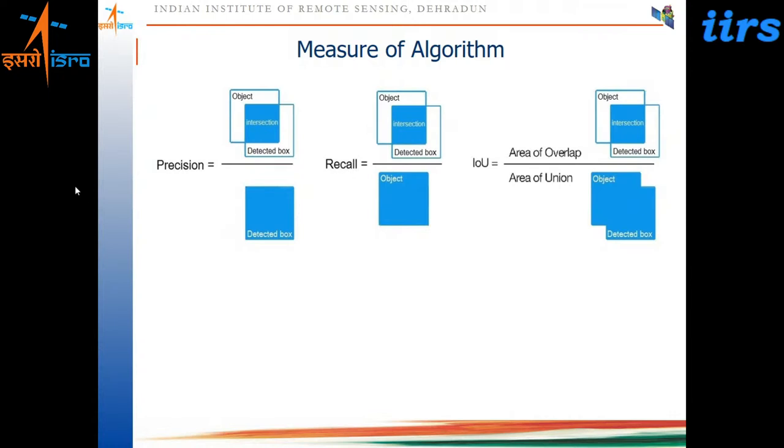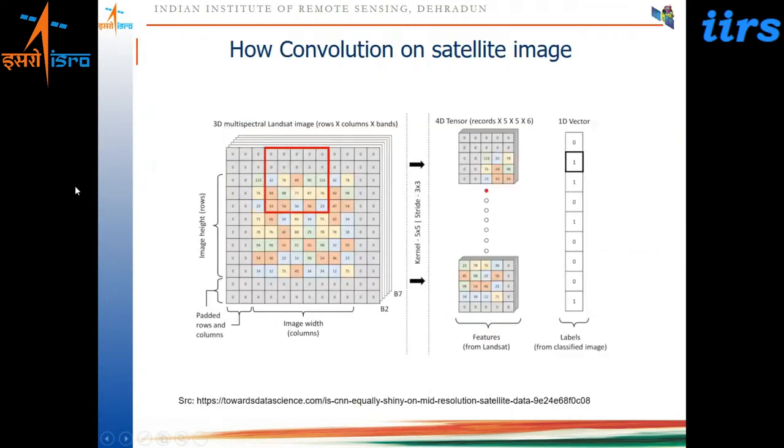Another important factor used in satellite imagery or image-based classification for feature extraction is the convolution approach. With the convolution approach, you take the whole satellite imagery and then take a defined boundary, generally enclosed by a rectangular box which may be a multiple of a number of pixels.